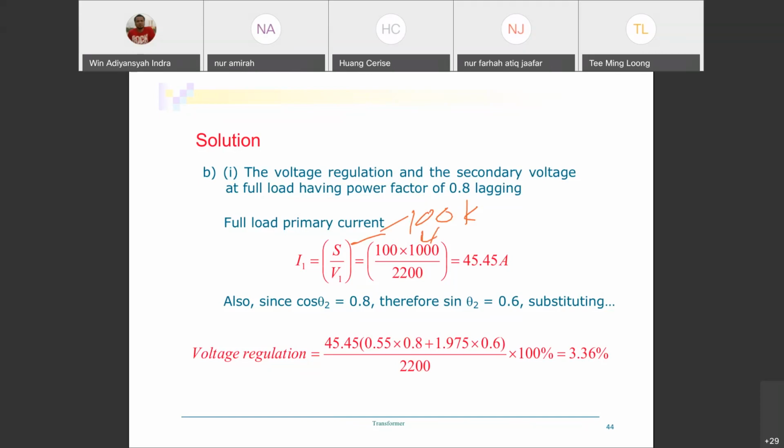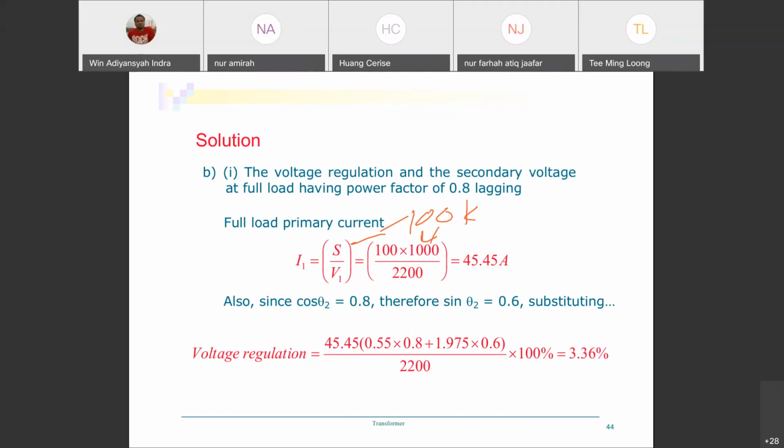How do you know V1? From A just now, right? How do you find V1? It's given in the question. Supply voltage 2200. Okay. So you get 2200 for I1 primary current.